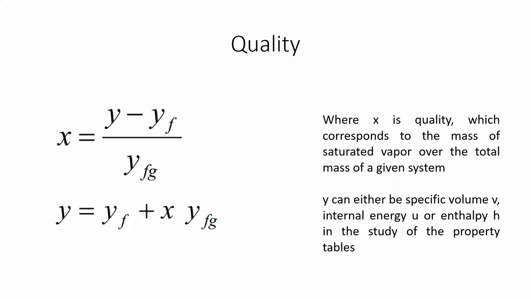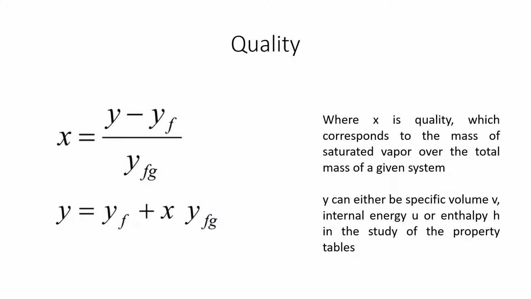Since they act the same way, all of those graphs have a saturated mixture area, meaning that they all have an area where quality can be observed. And given that they behave the same way, the formula describing quality for each of those variables is also the same. So the variable y is basically a substitute for v, u, and h.